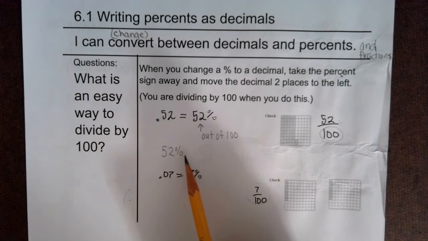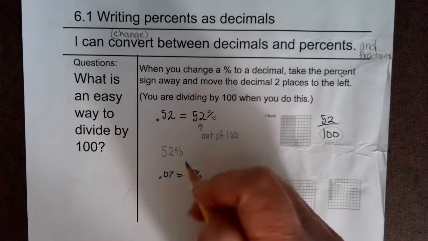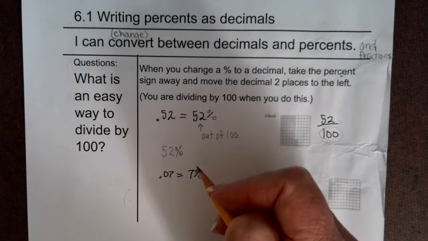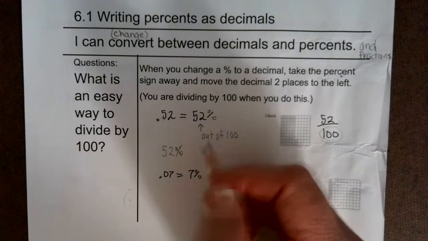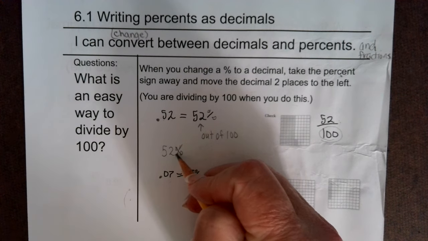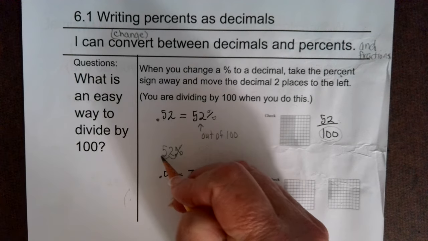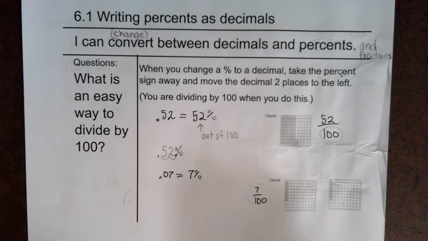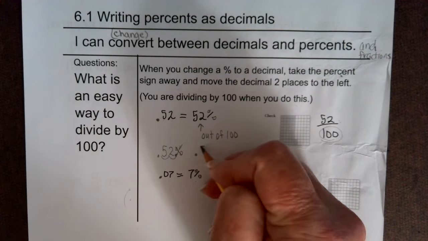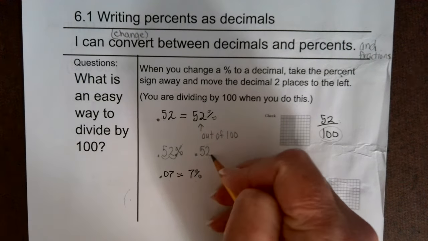We would take the percent sign off, and we would move the decimal 2 places to the left. If you don't have a decimal point in the number, then the decimal is here, and we're moving it back 2 places to put it here. And when you do that, you're left with 52 hundredths.